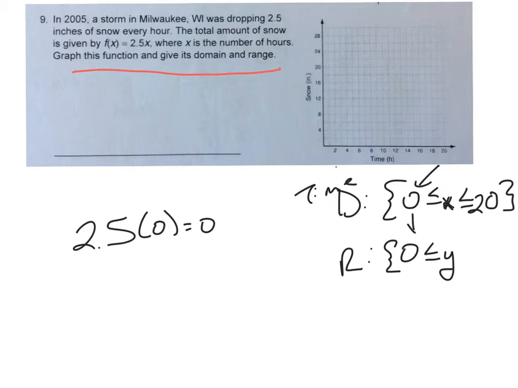Now, let's figure out what 20 hours of snowfall would give us. So I know that the y is going to be less than or equal to that. Let's take 2.5 and plug in 20 hours.